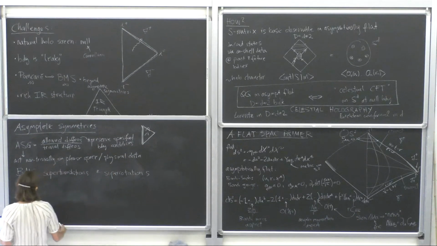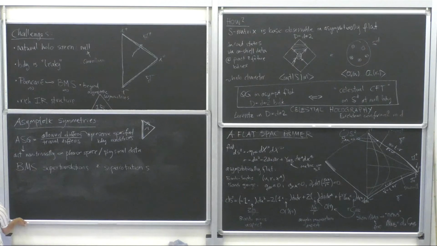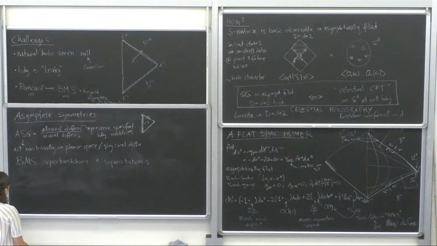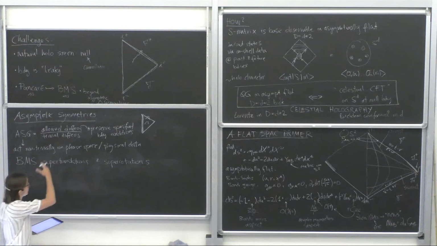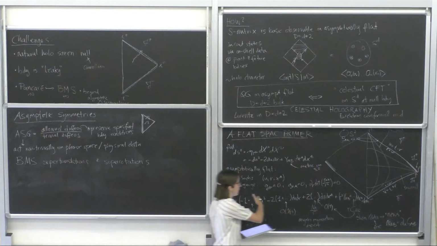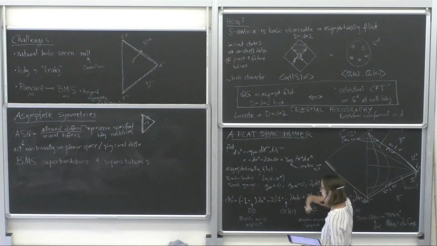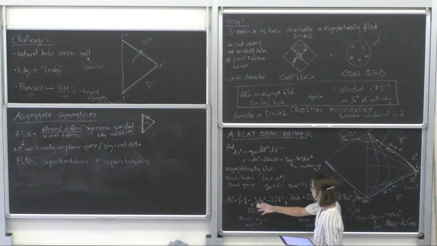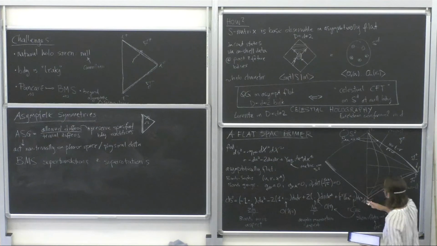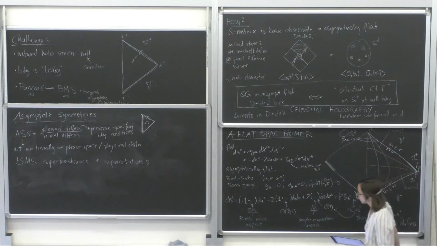So what you do here is you look for a vector field whose Lie derivative of the metric that I've written down here is not exactly 0, because that would be too much. In flat space we have exact Poincaré symmetry, but here we have asymptotically flat space, so we can only expect symmetries near the boundary.